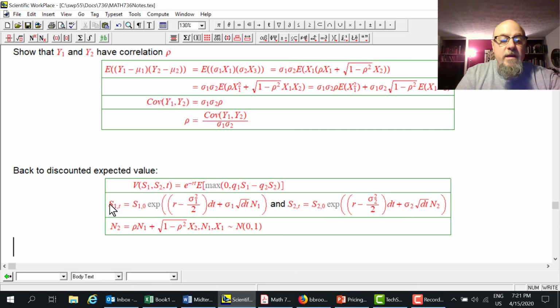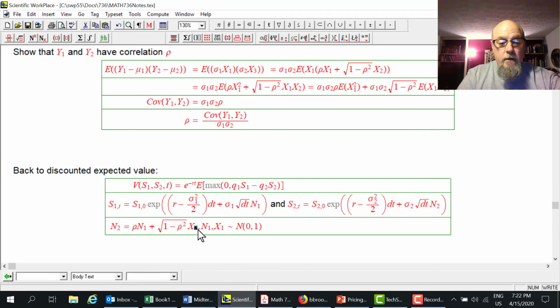So we can generate two stock prices correlated. N1 is going to be a standard normal distribution, average of 0, standard deviation of 1, just like we would normally do when we did discounted expected value for one stock. For stock 2, we're going to use N2, but we're going to make it correlated by generating another X1.